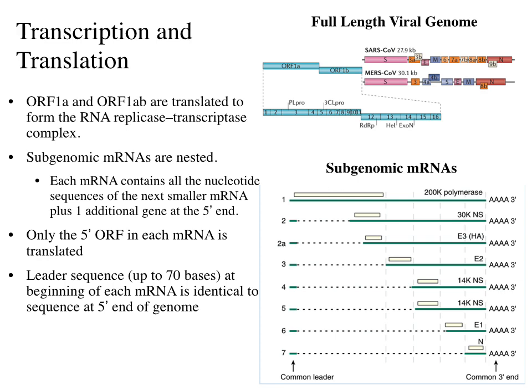What happens is that ORF1A and ORF1AB, which are at the 5' end of the full-length viral genome, and you see those indicated in blue in the figure at the top of the slide, are translated to produce two polyproteins that are then cleaved into a number of proteins to form the RNA replicase transcriptase complex. This drives the production of negative sense RNAs through both replication and transcription.